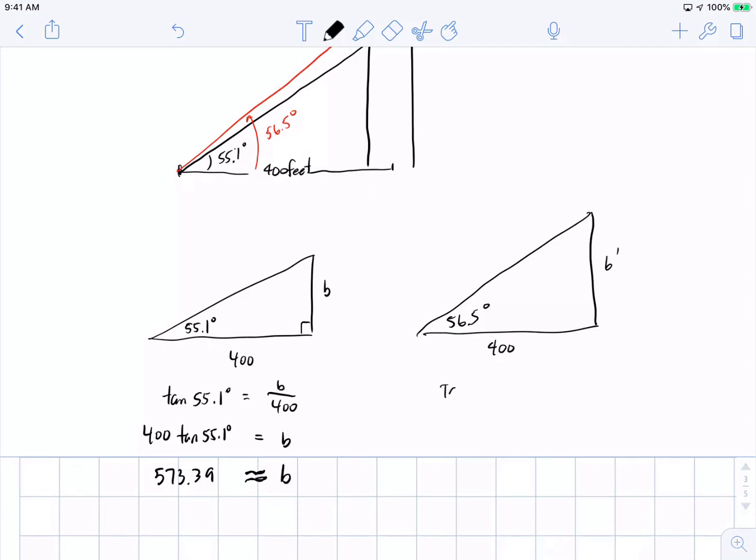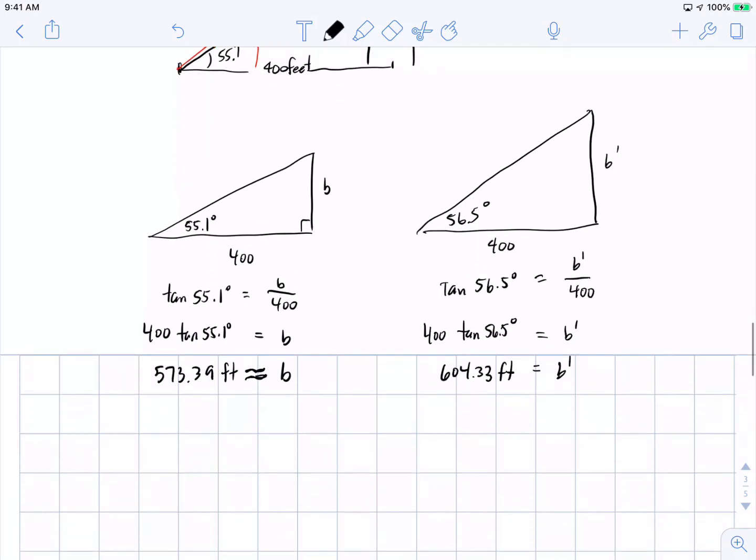So again, this is tangent. So then tangent of 56.5 degrees is going to be equal to this B prime over 400. So then B prime is going to be 400 times tangent of 56.5 degrees. And that's going to yield a B prime of 604.33. And this is feet, and this is feet also.